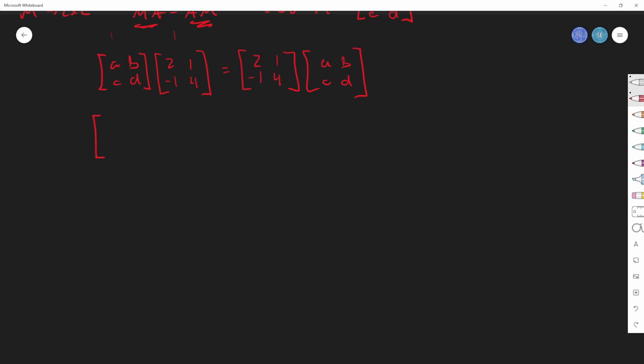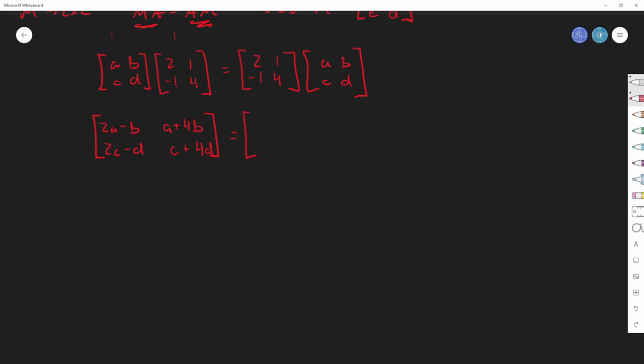And so we're going to have 2a minus b in the top left, and the top right would be a plus 4b. Then for the bottom, 2c minus d, and then c plus 4d.